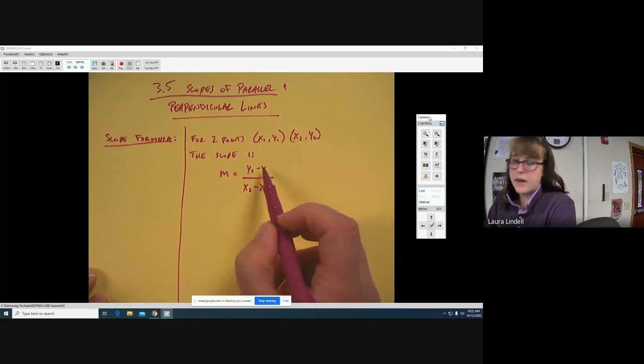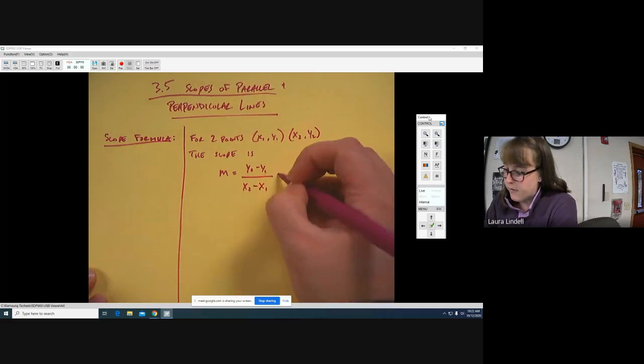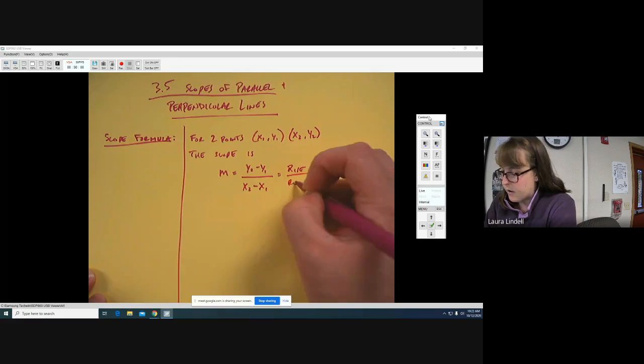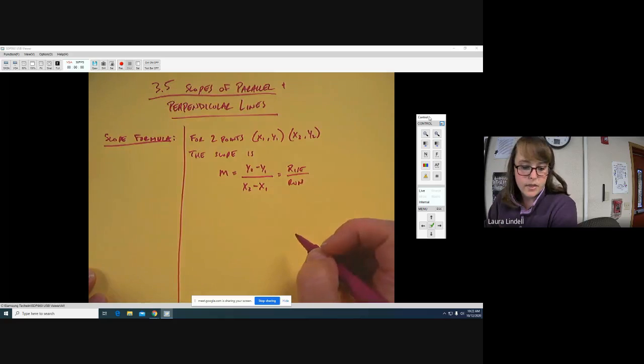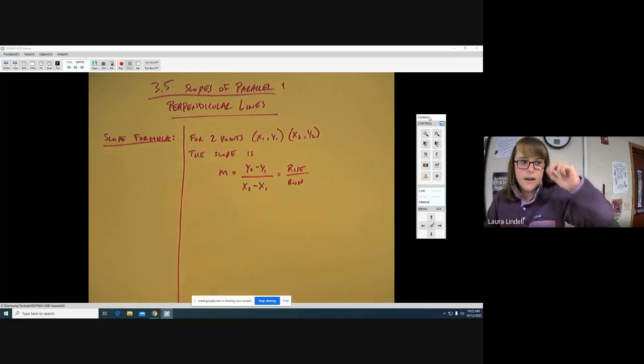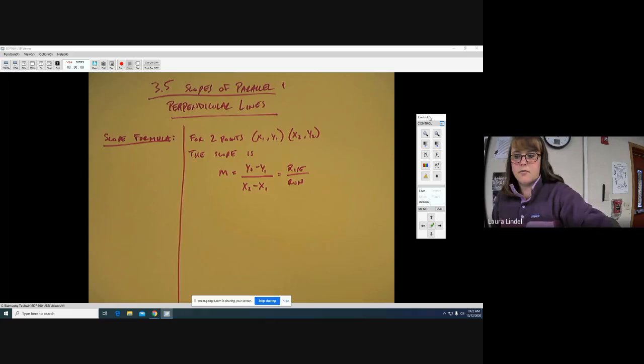So it's subtract the y values on top, subtract the x values on the bottom. You might have also heard of it as rise over run. That's another way to think of it, or change in y over change in x. Anything like that works. So there's our slope formula. Give everyone a moment to write that, and then we'll get going finding some slopes.